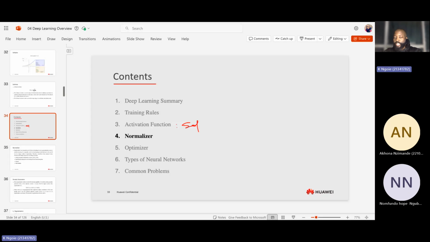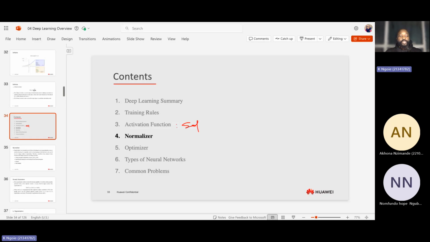But as we're moving along, we're going to see how we're going to be using these activation functions, which are used in neural networks. Okay, and we also started with normalizers. So in deep learning, we have what we call normalizers. What's the purpose of normalizers?